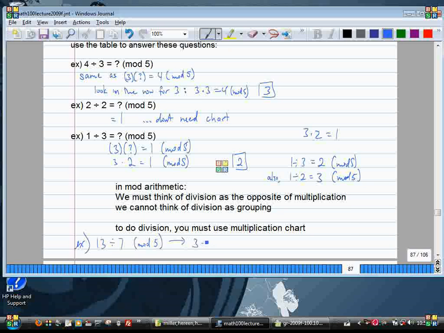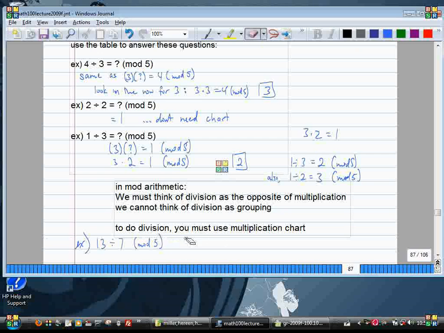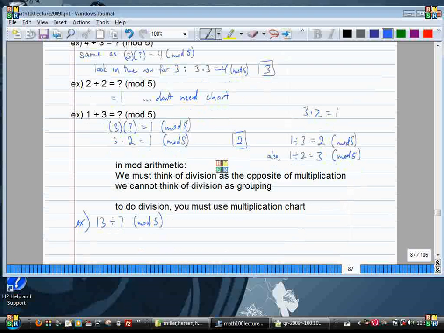So 13 is really 3. And then what is 7? 7 is the same as 2. And now you can go ahead and do this problem.